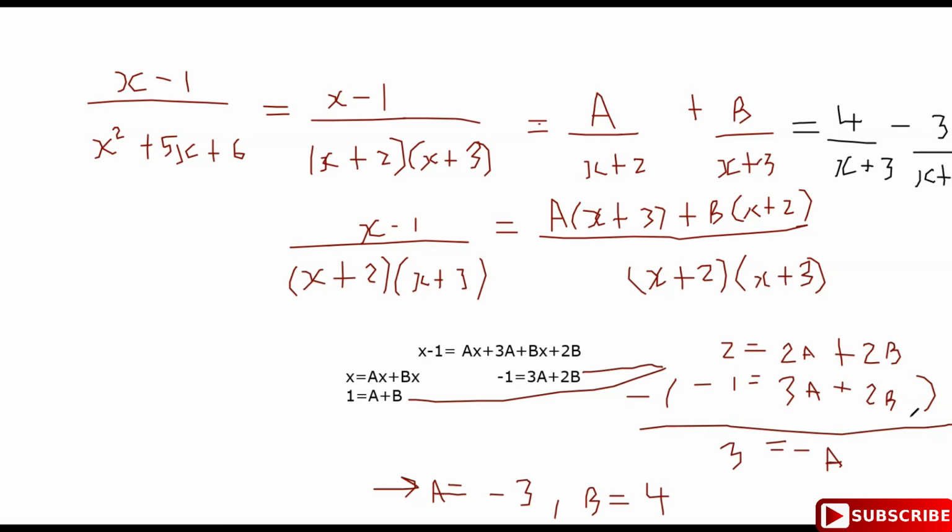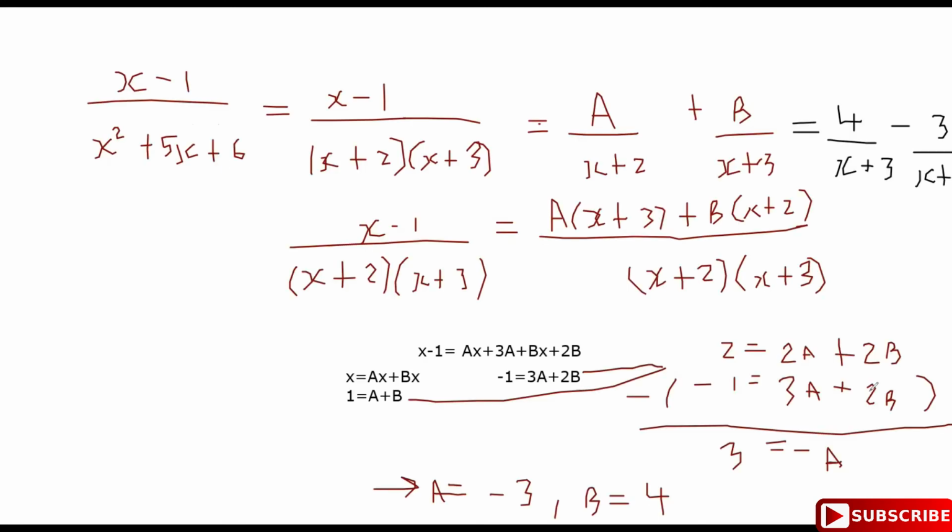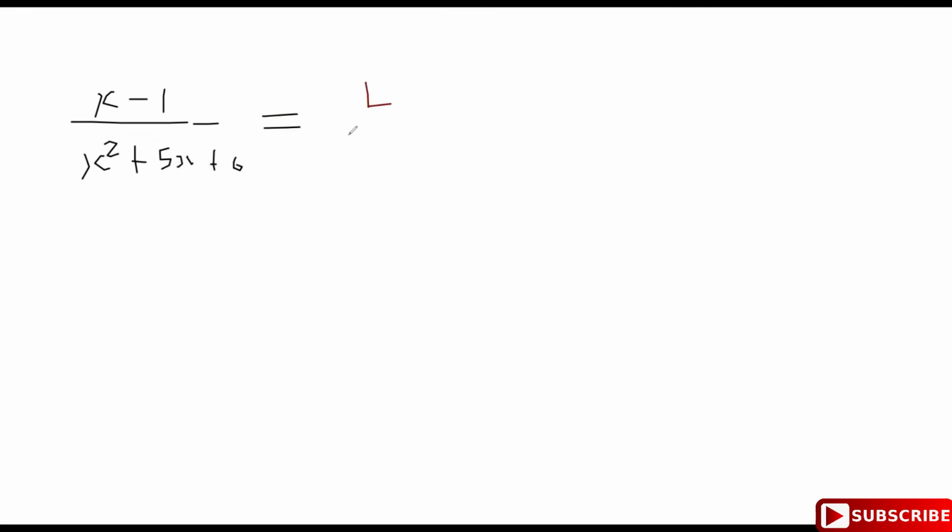Nice. So now we can actually find the binomial expansion, because we have to rewrite x minus 1 over x squared plus 5x plus 6. We just found out that this is 4 over x plus 3 minus 3 over x plus 2.